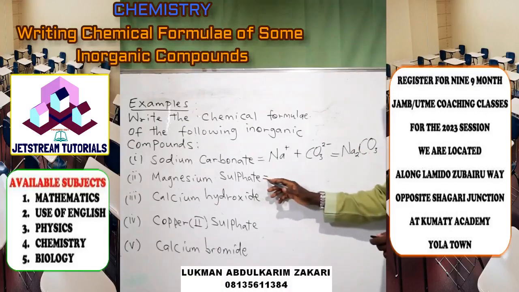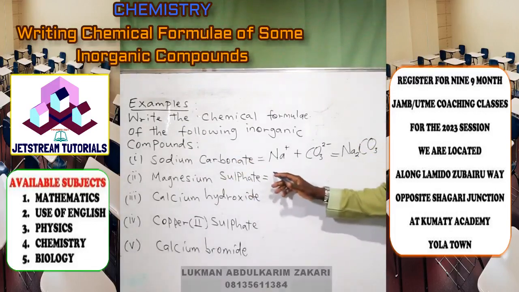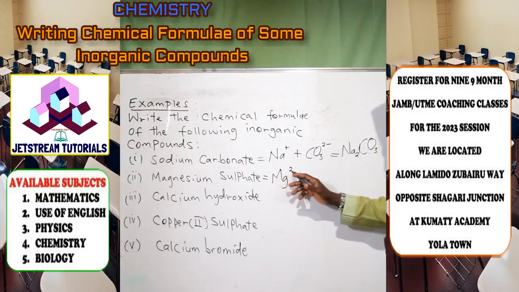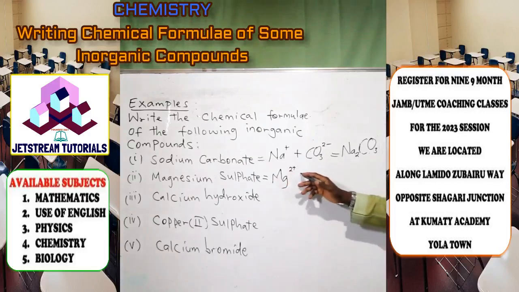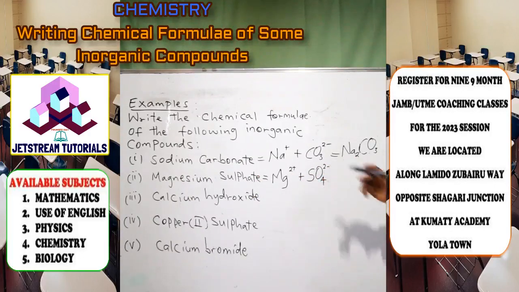Then come to magnesium sulfate. Magnesium in its ionic form is written as Mg2+. Then you have sulfate. The sulfate ion is written as SO4 2-.